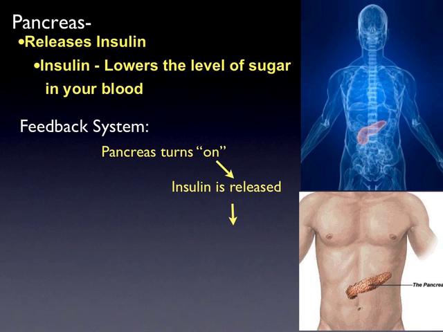Get it out of your blood and absorb some of it. And so insulin's released into your body and your blood sugar goes down. So as your pancreas is monitoring this, what do you think it does once your blood sugar gets to the proper level? It stops producing insulin.